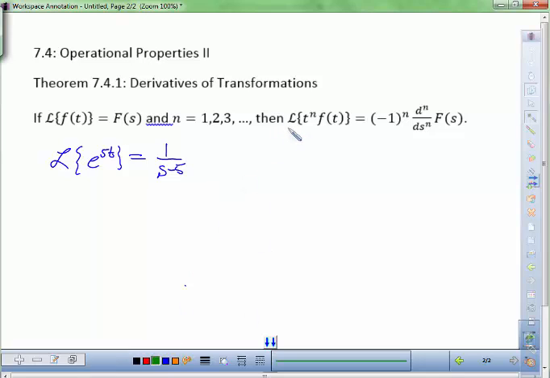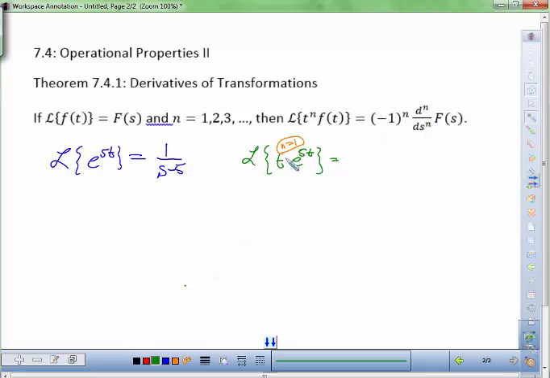That means, according to this theorem, if we transform t times e to the 5t, what should this equal? No, you can't break up the multiplication. Here you have to actually use this theorem.